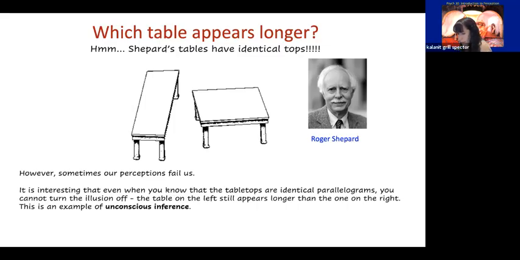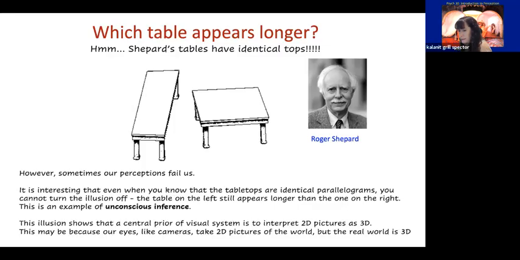And so is it a terrible thing that our percepts sometimes fail us? Basically, the role I see in illusions is to illustrate what aspects of perception are inferences, but maybe they are also useful for navigating the world. This illusion shows that we have a prior in our visual system, and the prior is to interpret everything as 3D, even if it's a 2D picture on the screen.